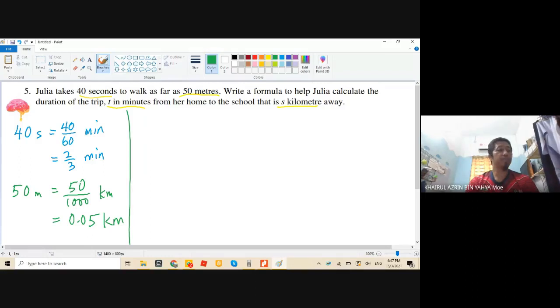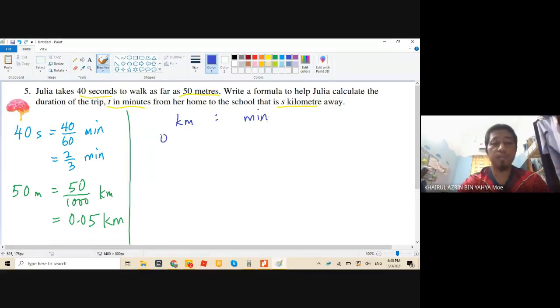I want to do this one in ratio also. So we put kilometer here and minute here.